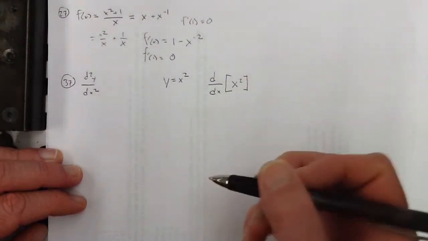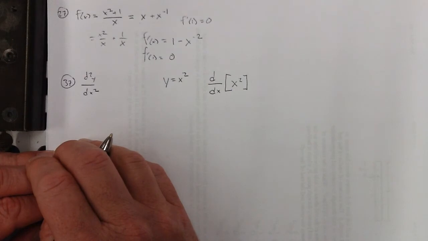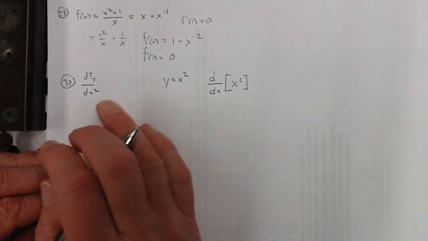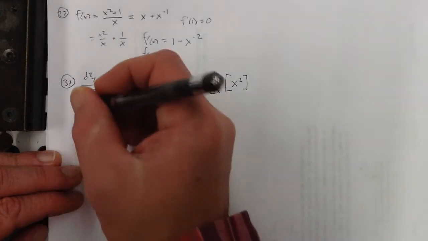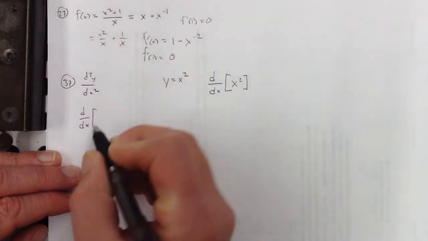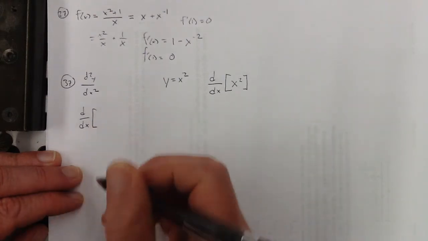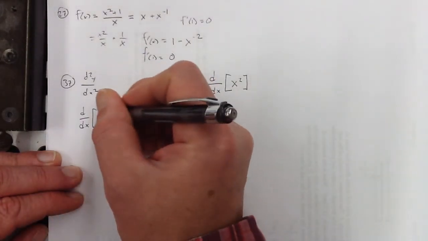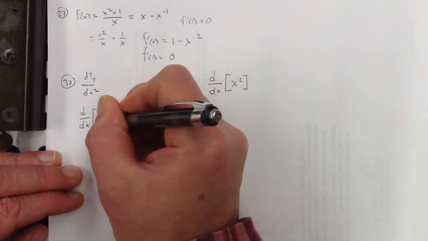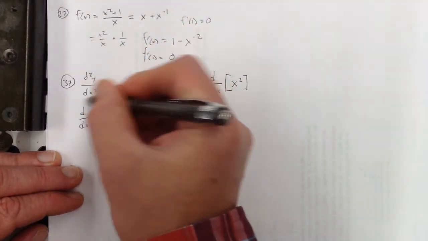Then you could say to yourself, well, what if I wanted to take the second derivative? That's like taking the derivative of the derivative. So here's the operator form that wants to take the derivative of whatever comes next. What if the thing you want to take the derivative of is actually just the derivative? That's what this is.